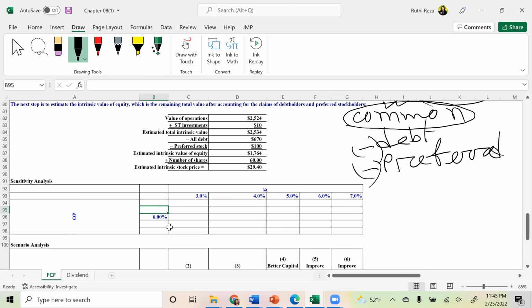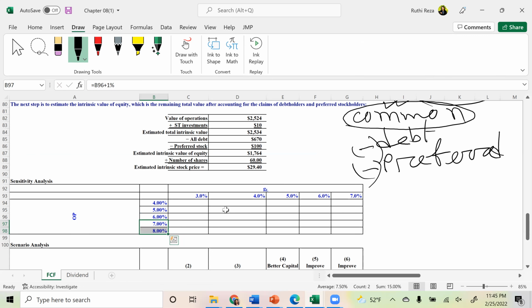The same way, we are going to reduce the operating profitability once we go up from the base rate. And we are going to increase the operating profitability by 1% once we go down from the base rate.